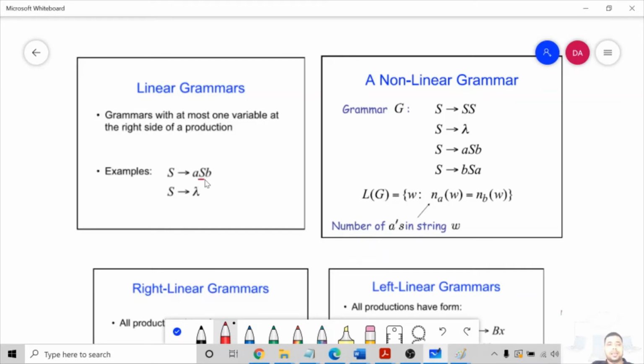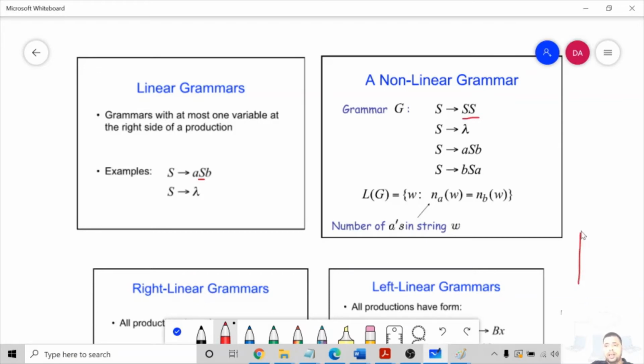Like you can see here, we have a maximum of one. If we have at most one variable in the right side, then it is called linear. Otherwise, it is non-linear. Like in this, you can see we have more than one variable.